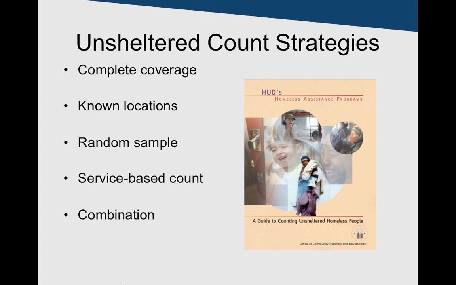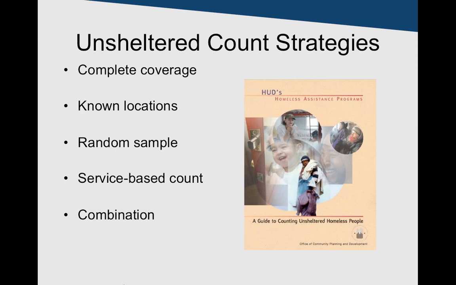So HUD has provided us with the flexibility of using one or more unsheltered count strategies to seek an accurate account of persons experiencing homelessness within your CoC. A complete coverage count is where the whole CoC geography is canvassed to search for unsheltered persons.